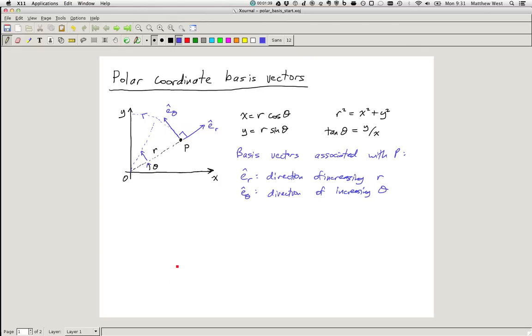So if we want to figure out the components of e_r hat and e_theta hat as formulas, then the way we would do that is we would relate them to the regular Cartesian basis vectors i hat and j hat. So let's just redraw those over here. Here is i hat and here is j hat.